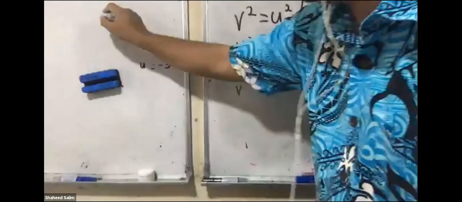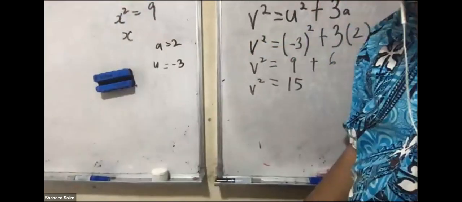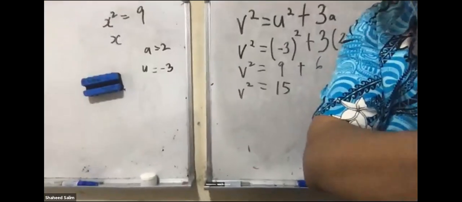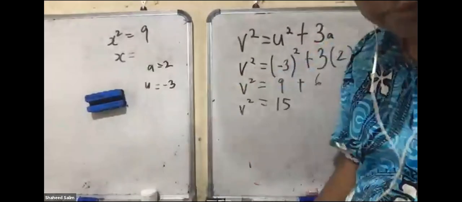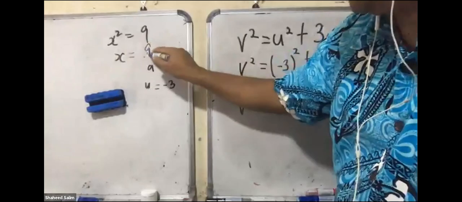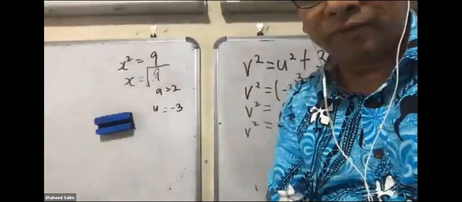All right. Let's say now I tell you x squared equals 9. What's the value of x? x squared equals 9. What is the value of x? 3. Good. You square root it to find x. But remember, I told you this before, you have to be very careful.